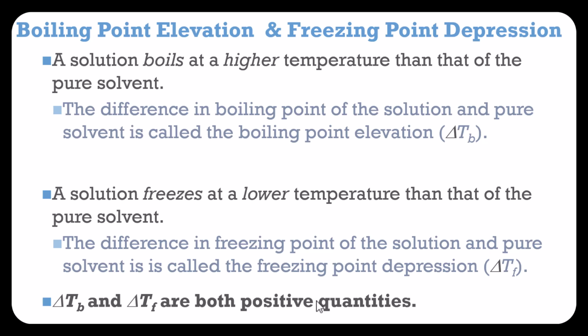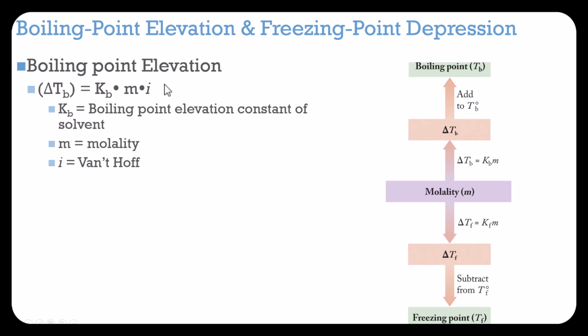So let's take a look at the equation for each of these. We are going to be able to calculate the change in boiling point and the change in freezing point. Here is our formula for boiling point elevation. The change in temperature for that boiling point is going to be 3 different variables all multiplied together, so the product of 3 variables.